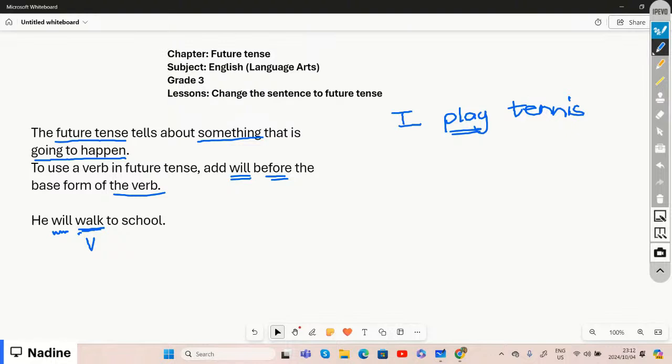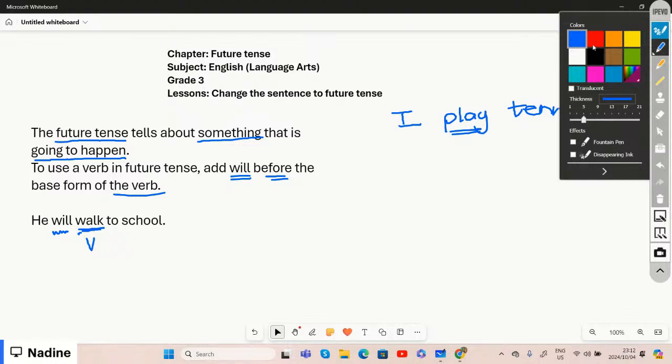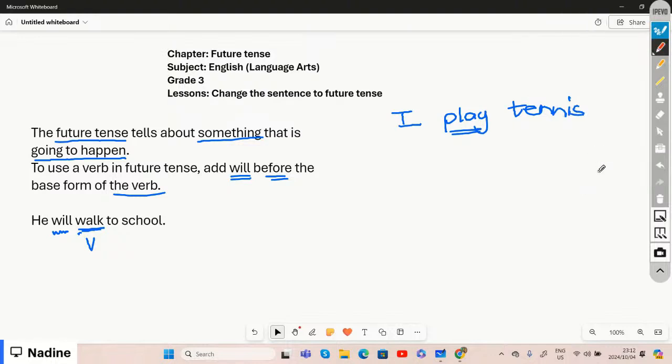Yes, if we were to rewrite that sentence by changing it to the future tense, our present tense now is I play tennis, and if we change it to the future tense, then we can say I will play tennis. Well done. So will is there. I will play tennis. And that is correct. That is how we change it from a present tense to a future tense.